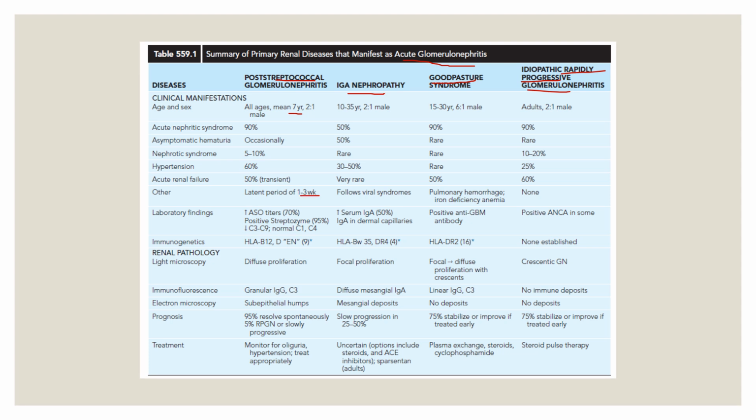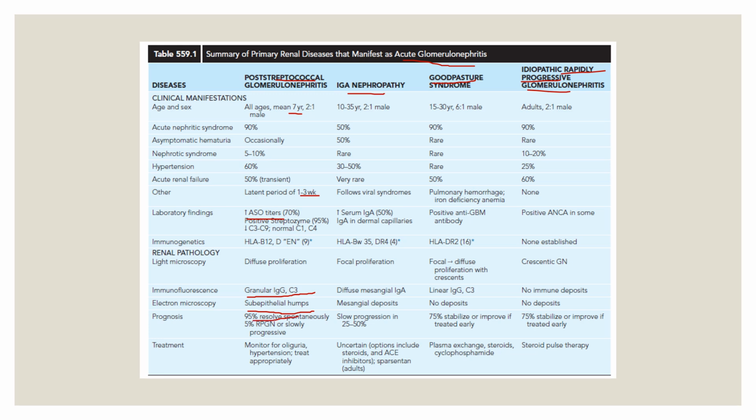There is a latent period of 1 to 3 weeks, and the lab findings are raised ASO titer with positive streptozyme, decreased complement levels. And the immunofluorescence is granular IgG deposition with subepithelial humps. This is important. It is subepithelial humps.